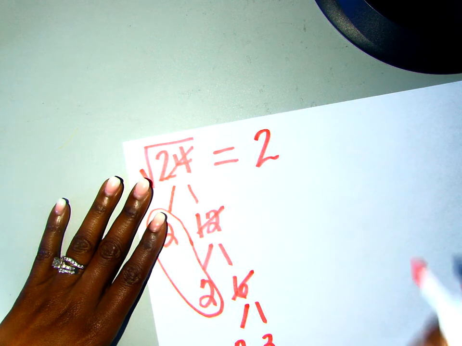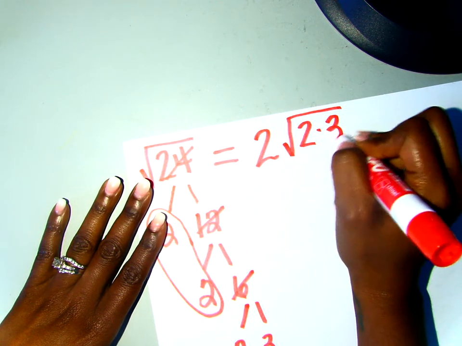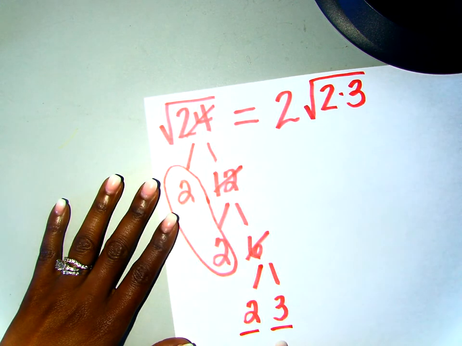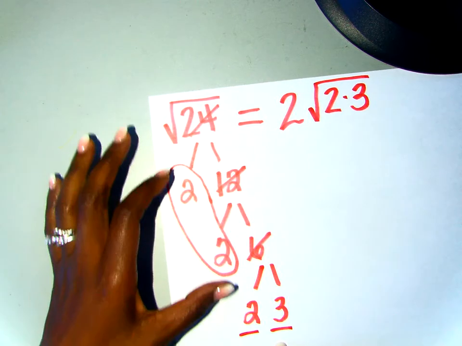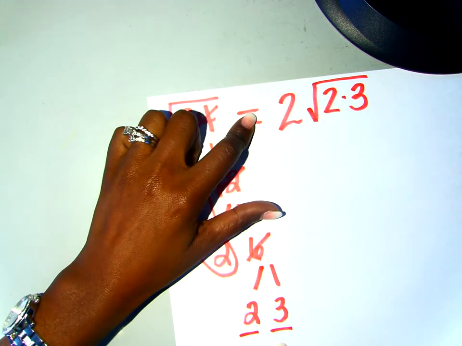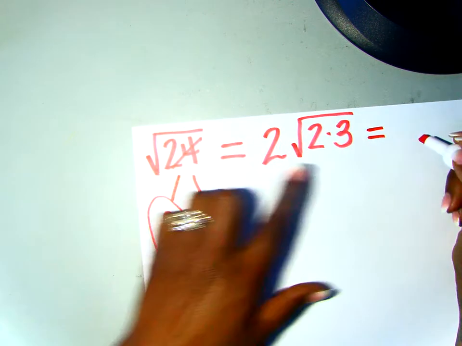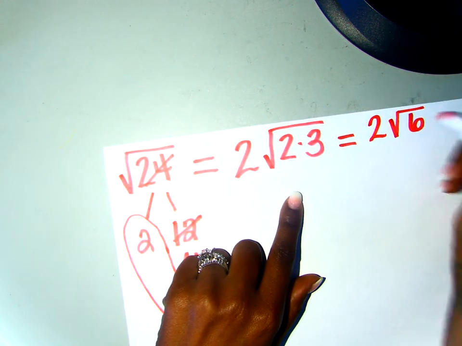And when you underline your non-pairs, you're going to place them up under the radical. So I have 2 that does not have a pair and 3 that does not have a pair. So I'll place them back up under the radical. So what I have to do now is multiply what's up under the radical. So my answer is 2 square root of 6.